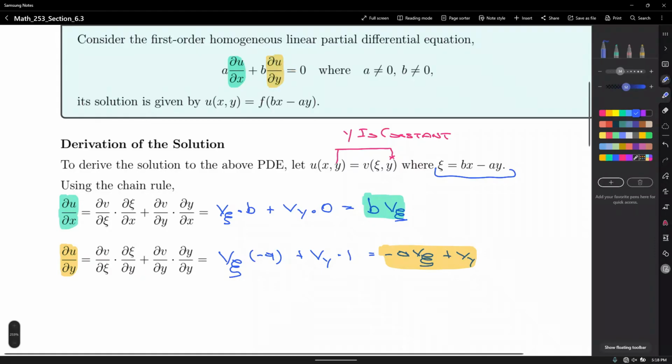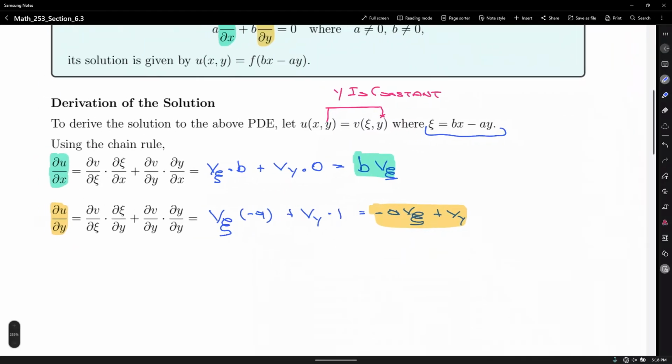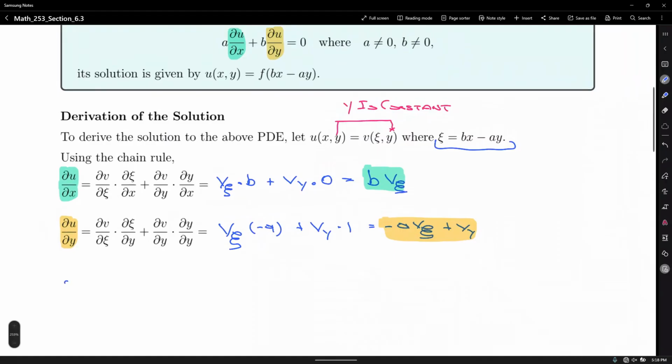That's going to leave us with a times the quantity in green, which is b v with respect to z, plus b times negative a v with respect to z, plus v with respect to y.